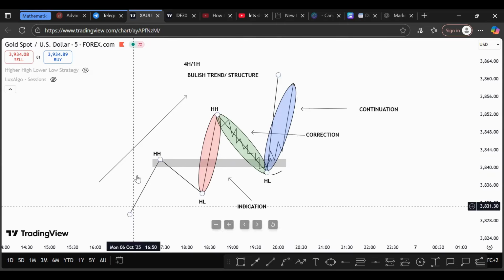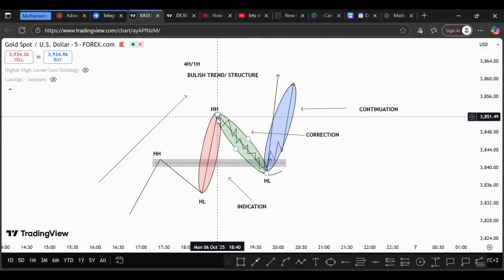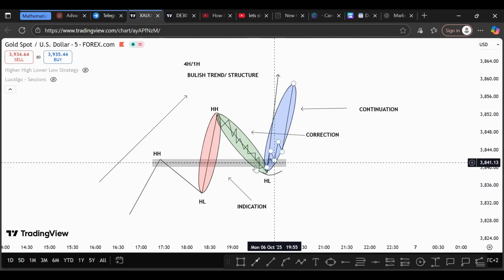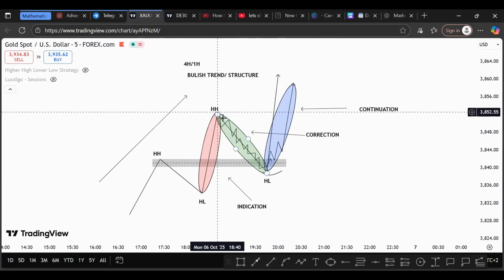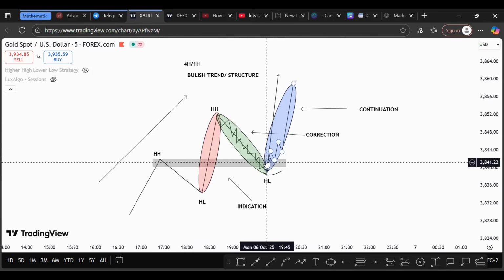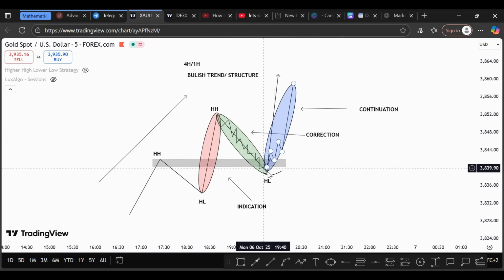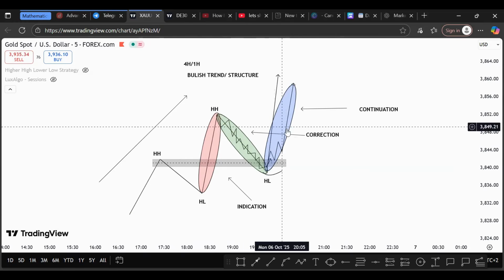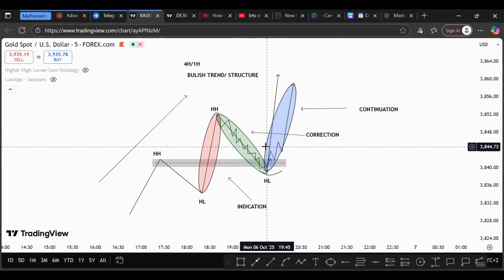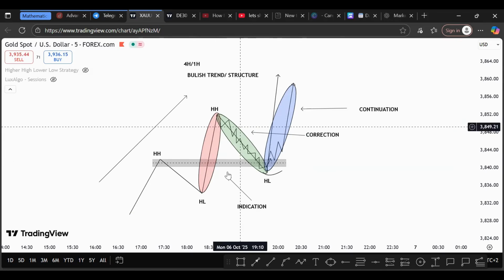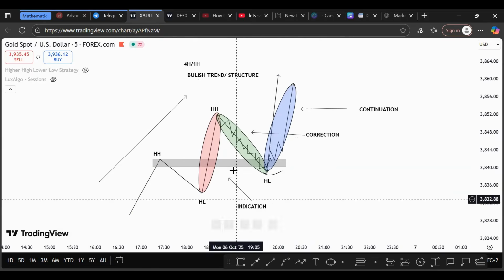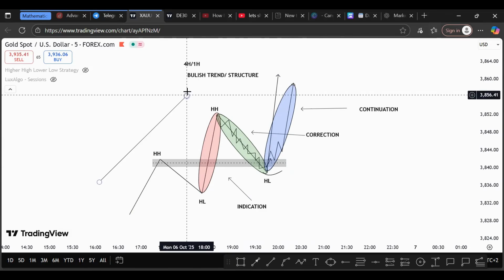So if we're looking for buys on a bigger time frame, and now the correction is becoming bullish on the 15 minute and 5 minutes, we are bullish. Once we start to be bullish on 15 minutes and 5 minutes, now we are in correlation with the overall structure in terms of the movement, in terms of where we're going.